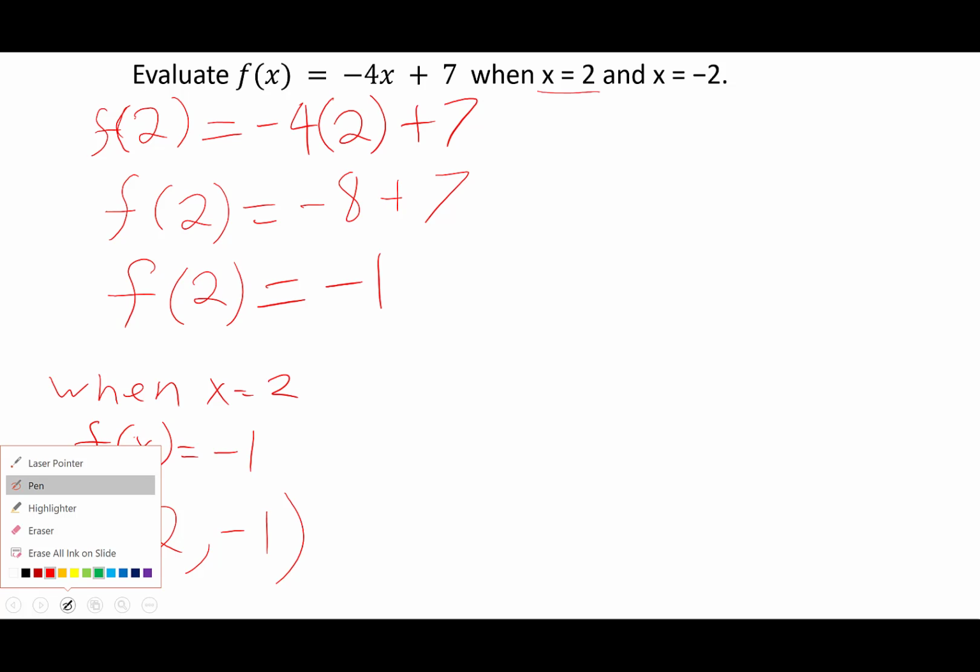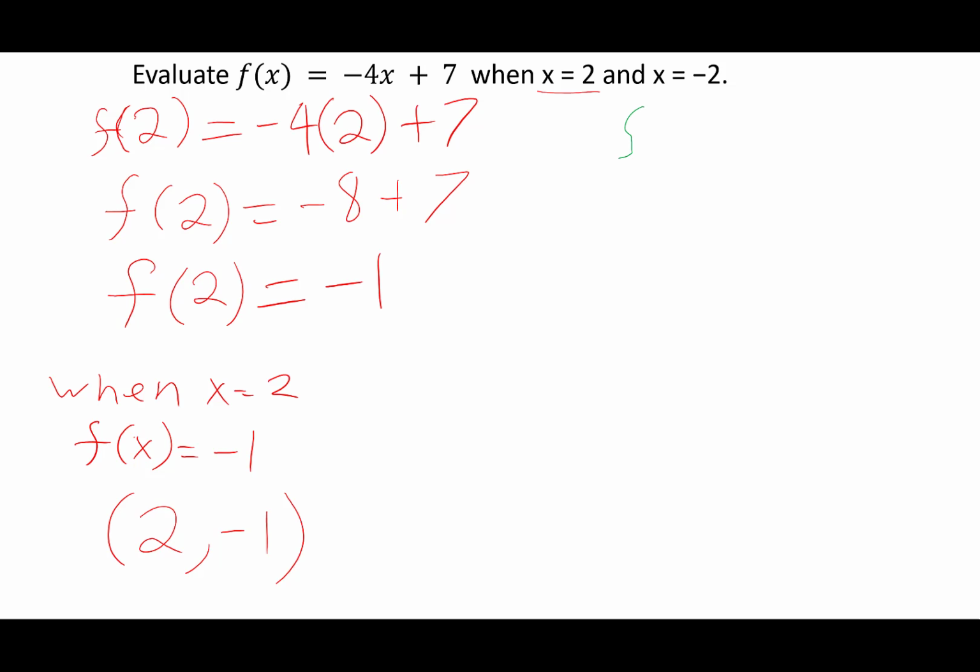All right, now we're going to look at what about when x is a negative 2. So again, guys, that f of, that right there in the parentheses, all that's telling me is what I'm plugging in for x. So this time I've got a negative 4 times negative 2, which is going to equal a positive 8 this time, plus 7.